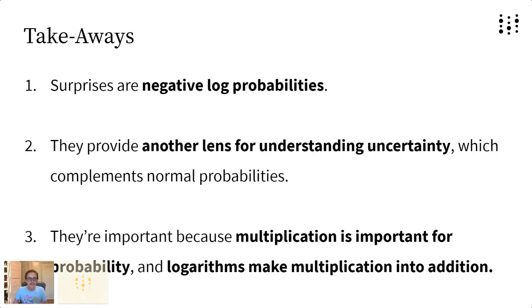People act like it's something to be embarrassed of or unimportant, but there's actually a reason why it makes things easier and cleaner. And I think it's important to have that in mind so that in the future you can make other things easier and cleaner with log probabilities.